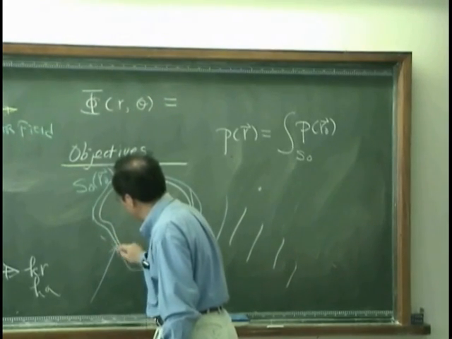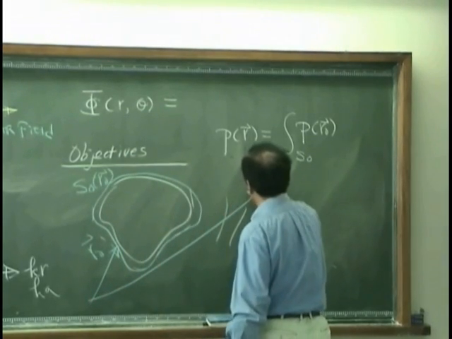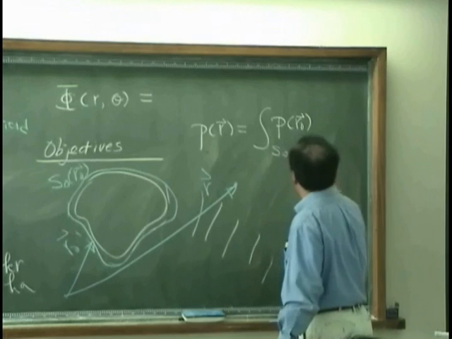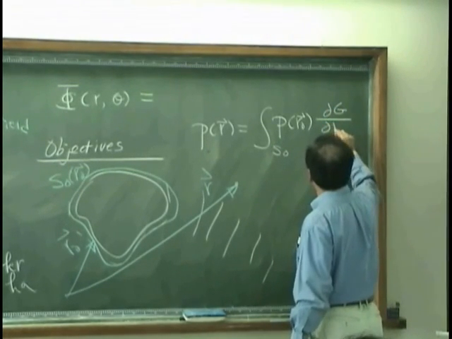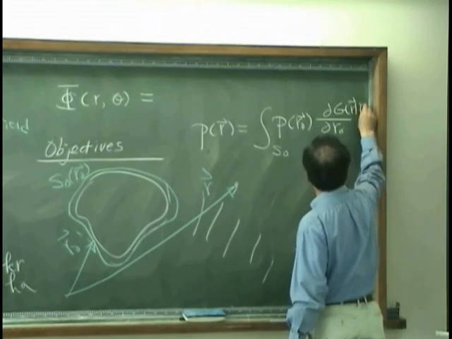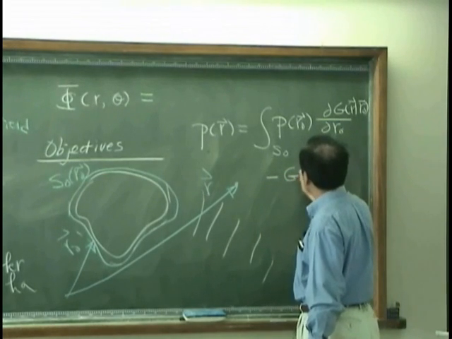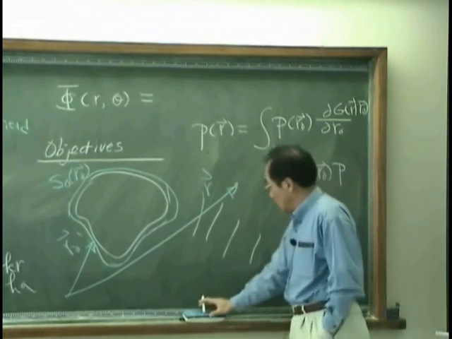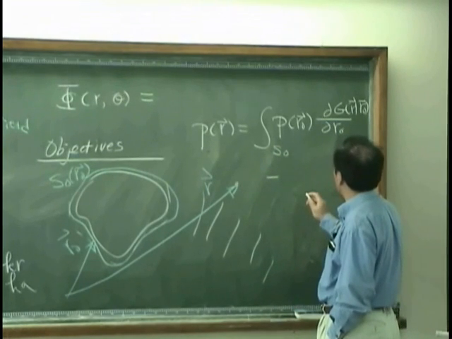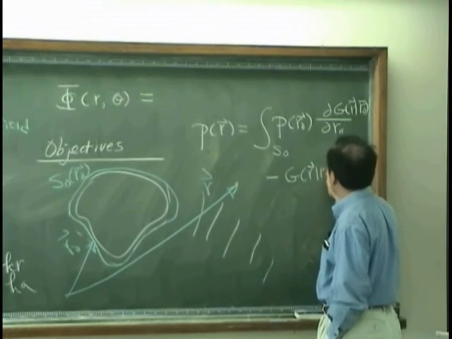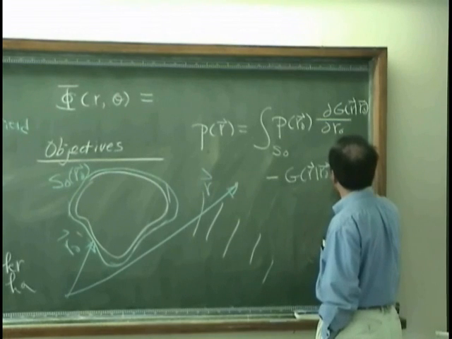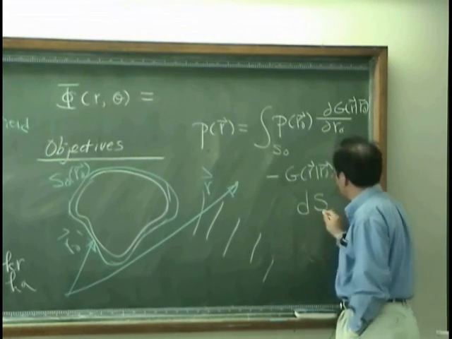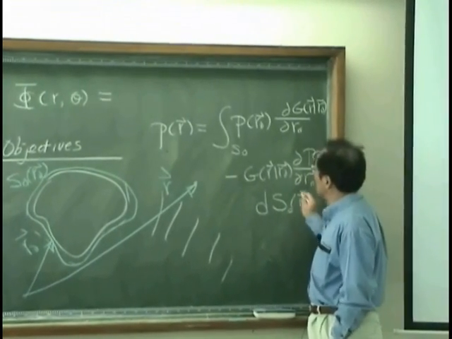I am using coordinates r0 and r. The integrand involves g, a function of r0, dp/dr0, minus p dg/dr0, integrated over the surface S0.